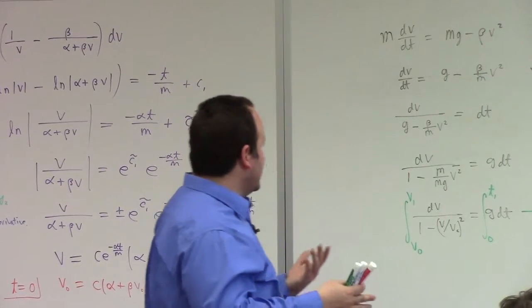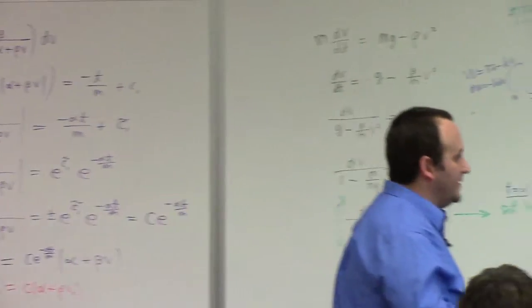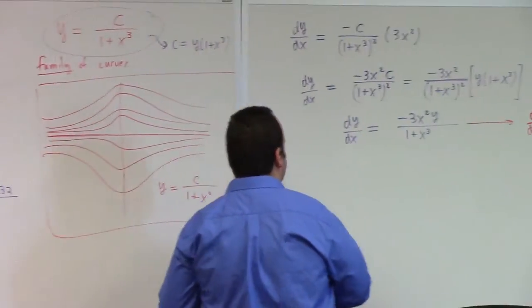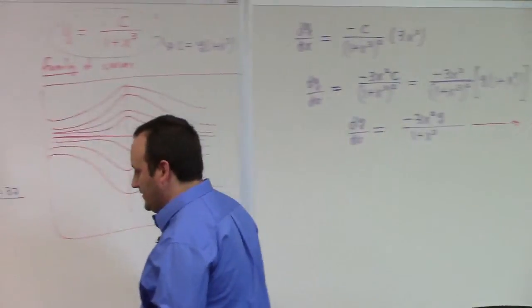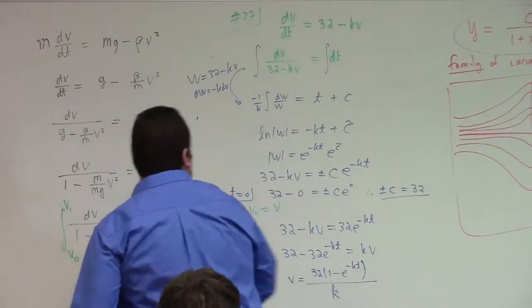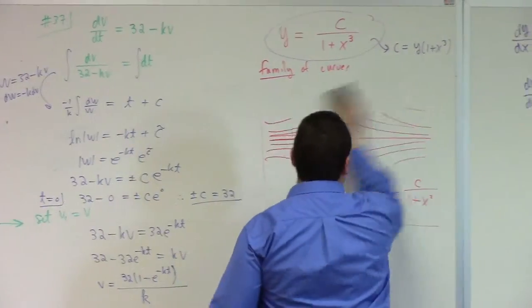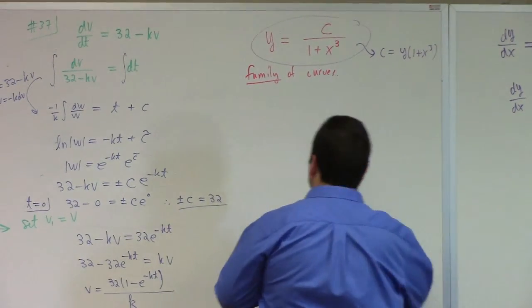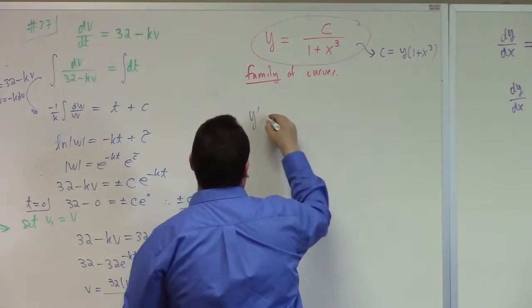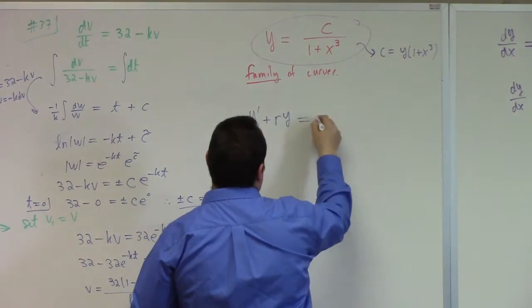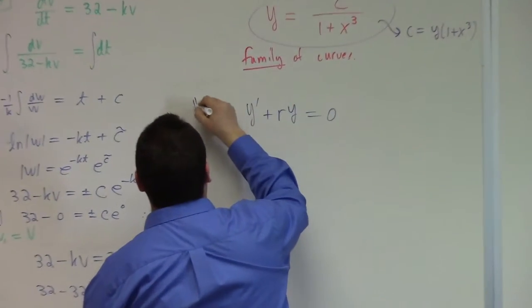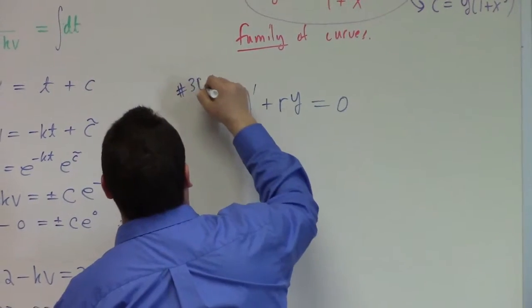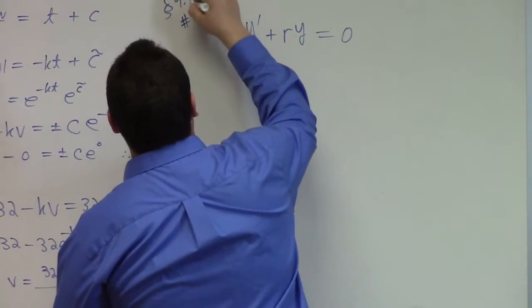You're supposed to analyze the solutions to y prime plus ry equals 0, right? Section 9.1, number 30.